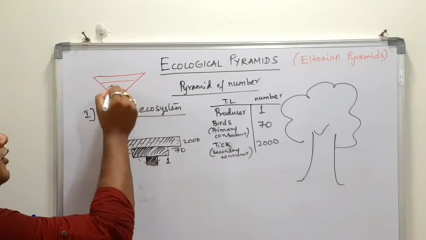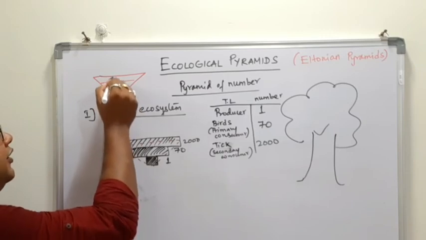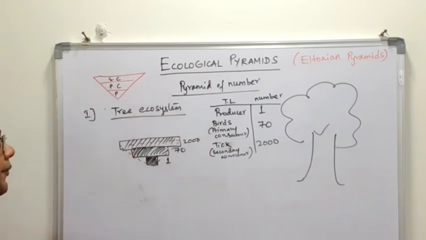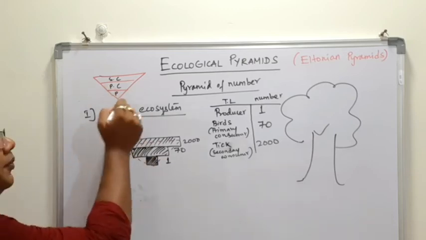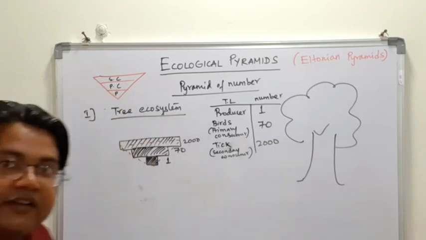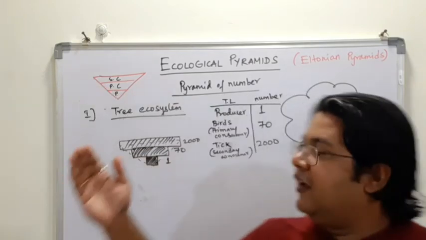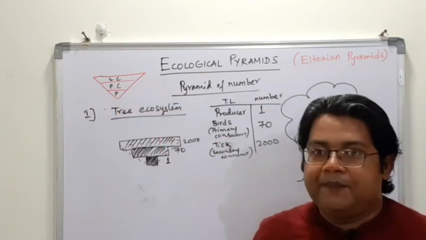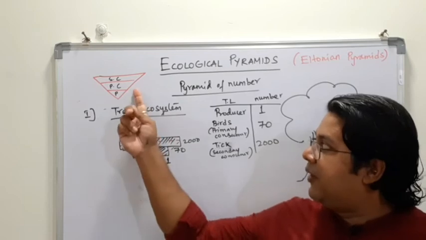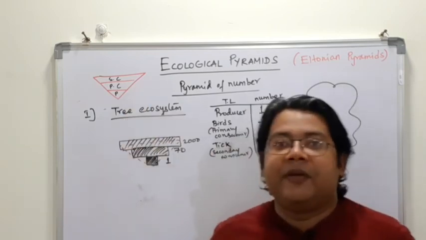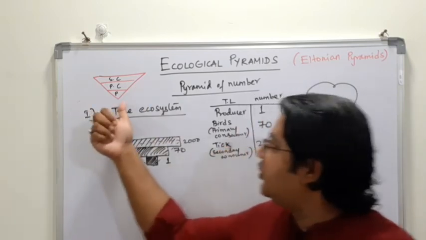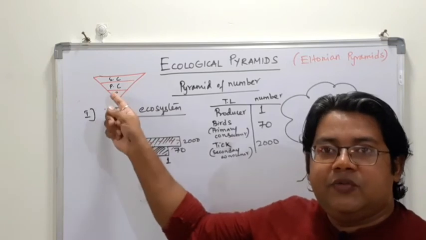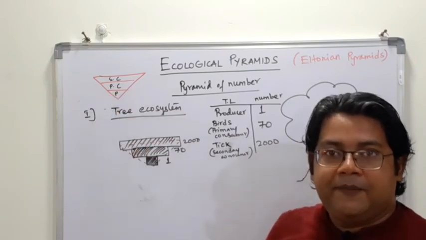Then we have the primary consumer, then the secondary consumer. Which type of pyramid is this? Is it an upright pyramid or is it an inverted pyramid? Obviously, this is not an upright pyramid. This will be an inverted pyramid.